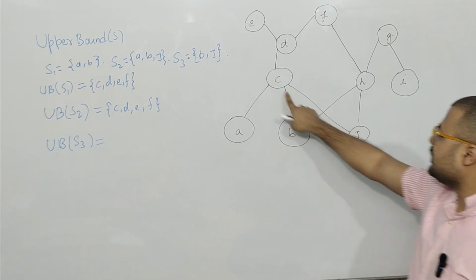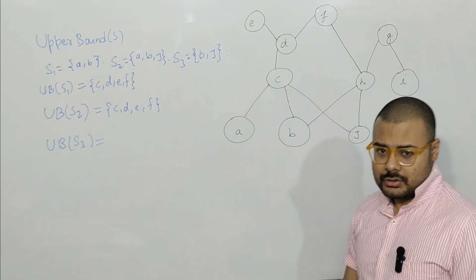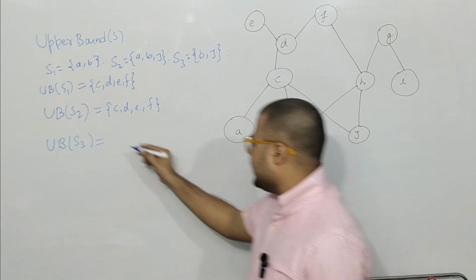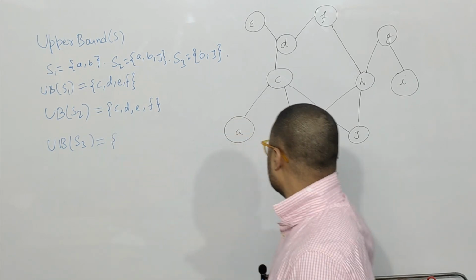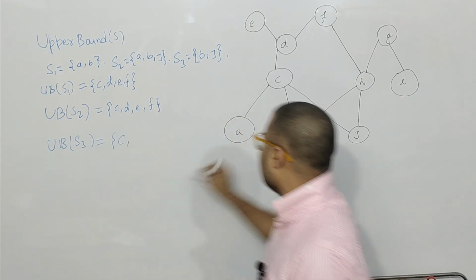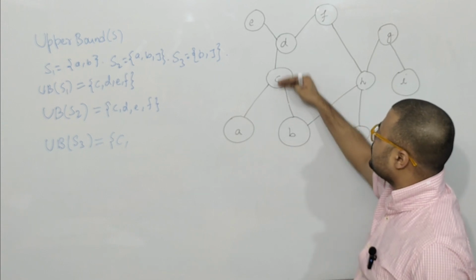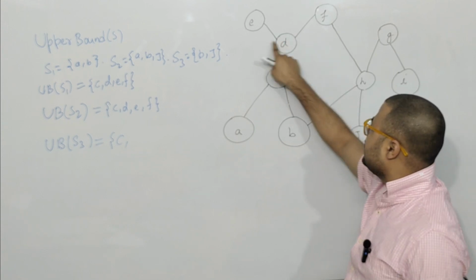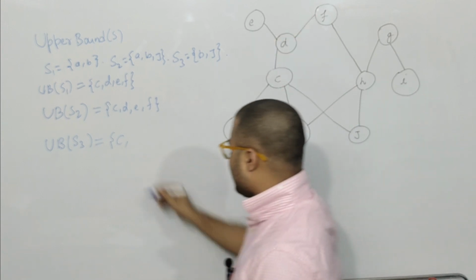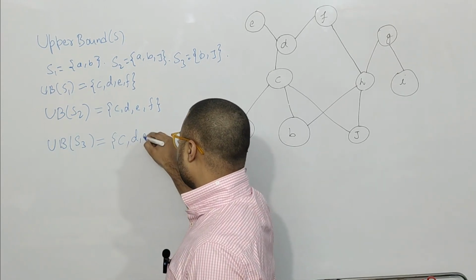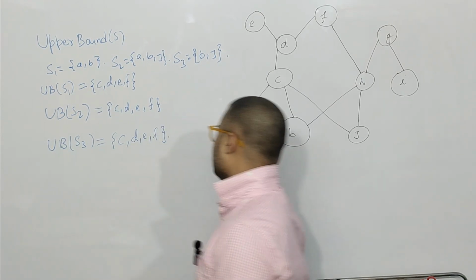J is related to C also. So C is the first joint point. So C and every node that comes in the upper path from C, D, E, and F, they all will be a part of the upper bound of S3.